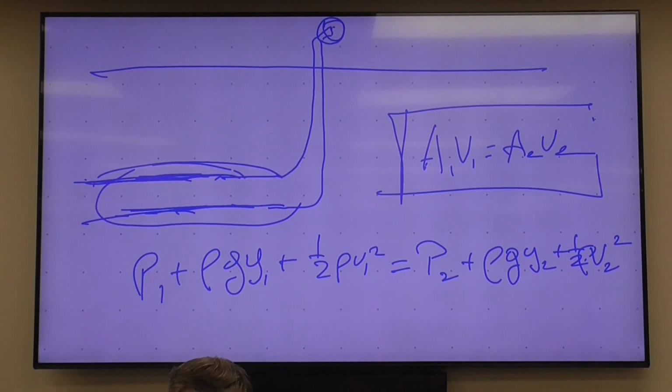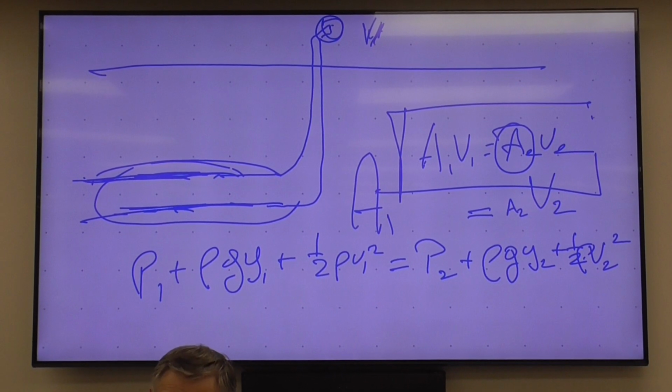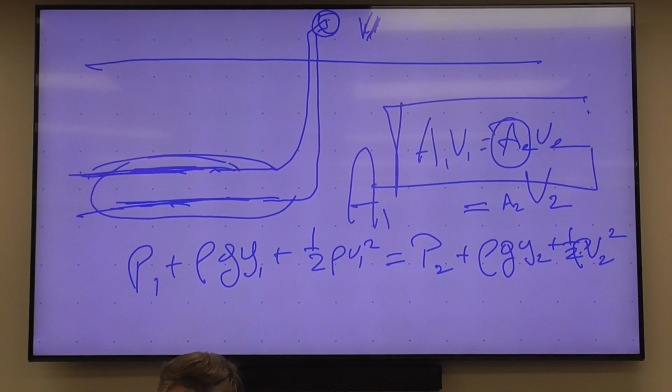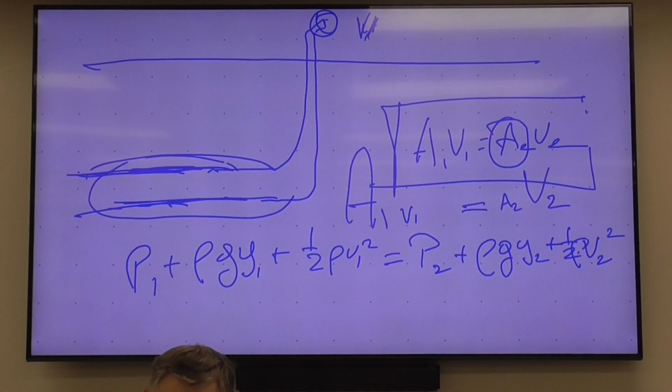We're going to call this the V2 side of this. So over here, what do you know about the cross-sectional area coming out of that drinking fountain? Very small. So it's going to be moving faster, right? So down here in the supply line side, you've got a big area, but it's going to be moving slower. So this is going to be V1.